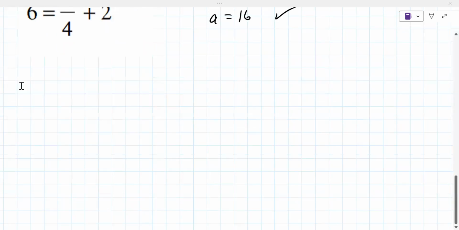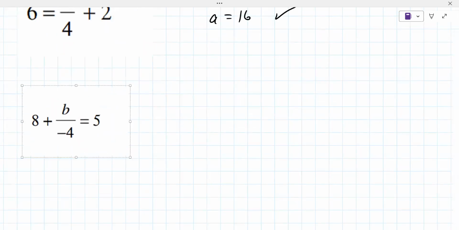Are these pretty easy for you? Yeah. Okay, that's good. I like hearing that. So just one more and then we'll move on to the more difficult type here.